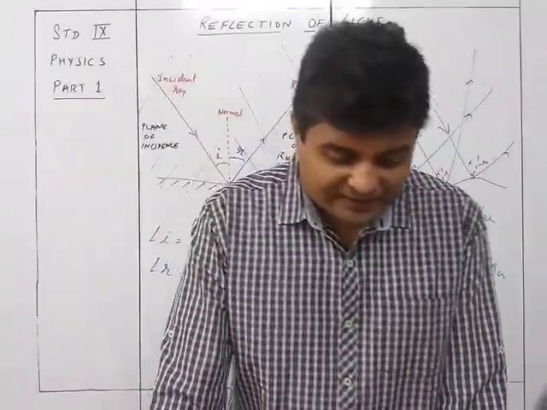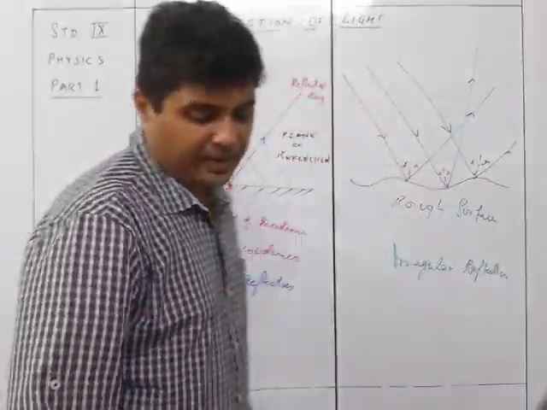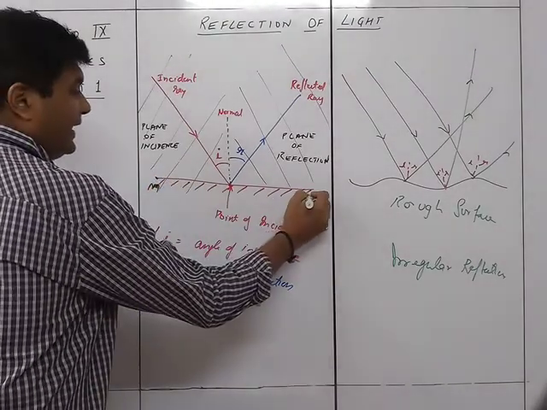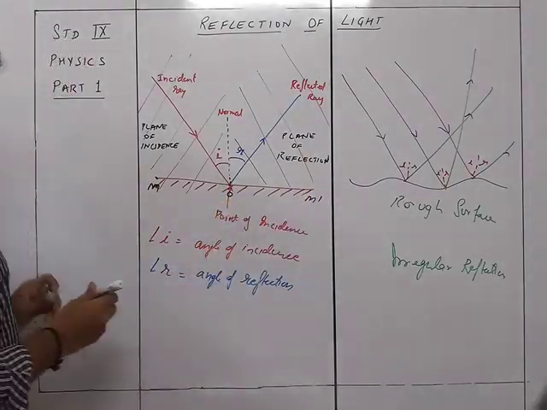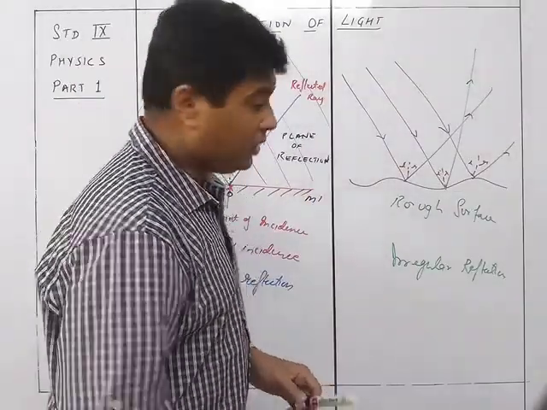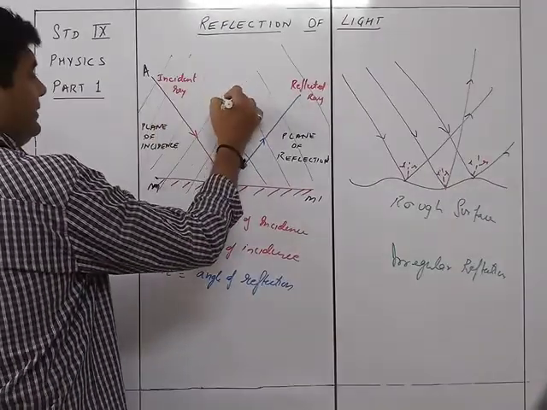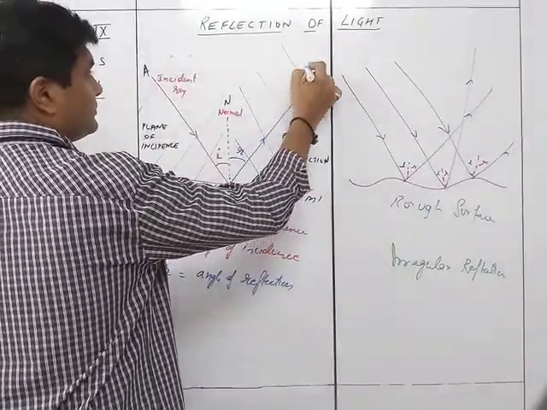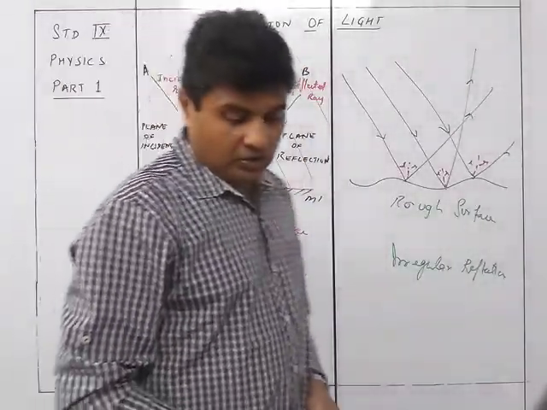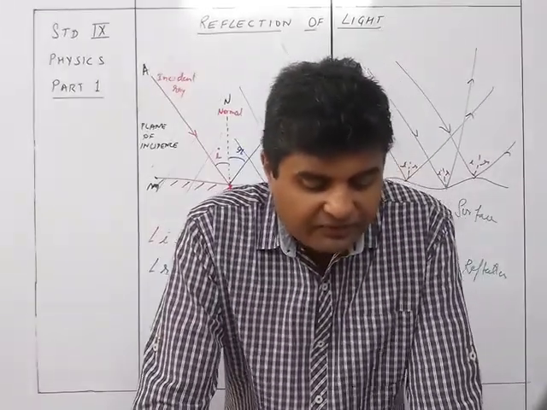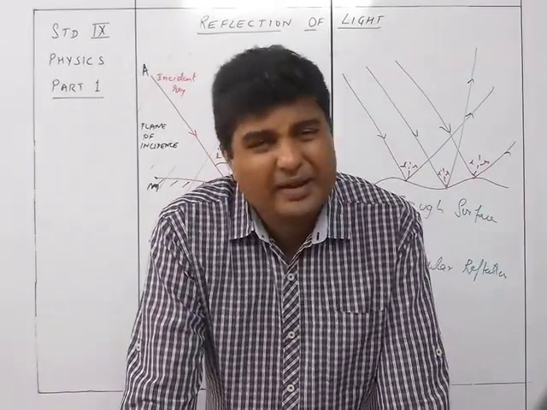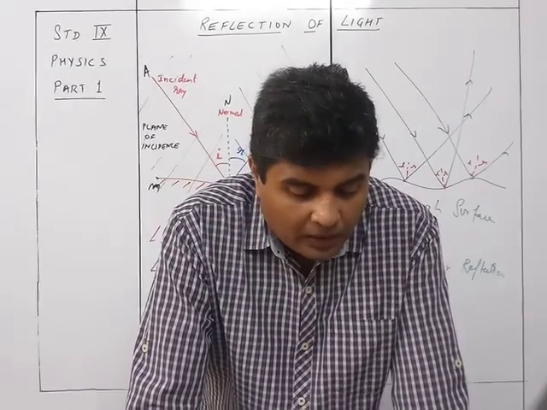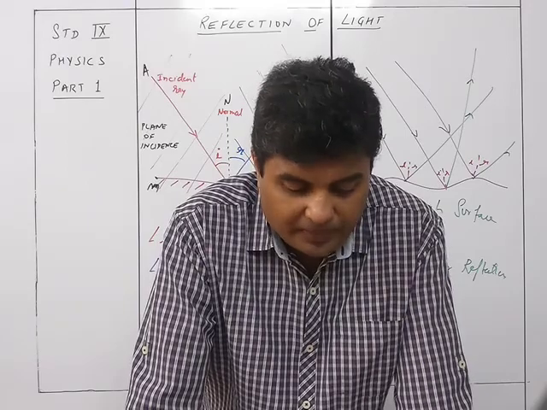Now, in figure 7.3, M dash is the mirror. This is the point O, this is named A, this is N, and this is R. Sorry, this is B. It is given that in the figure MM dash is the plane reflecting surface, a plane mirror kept perpendicular to the plane of the paper.